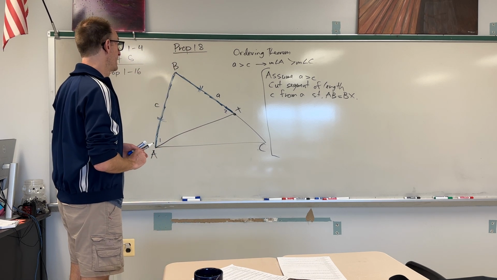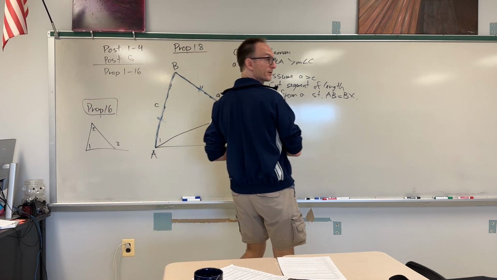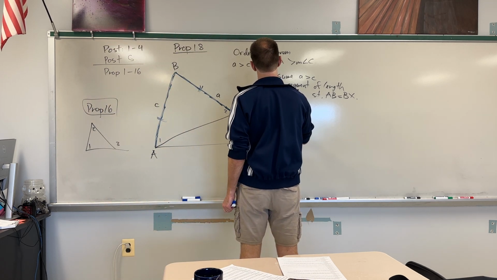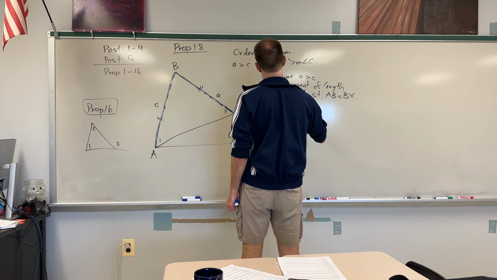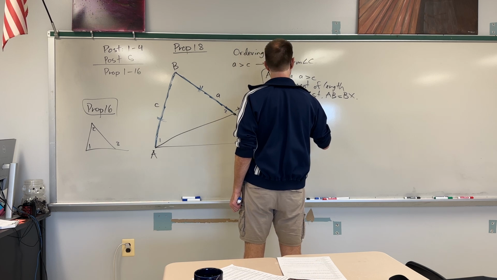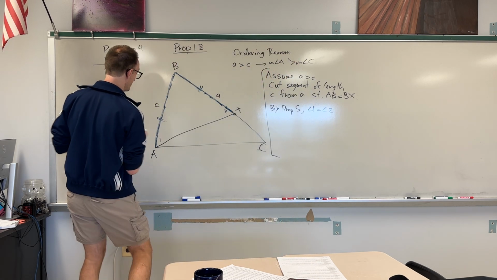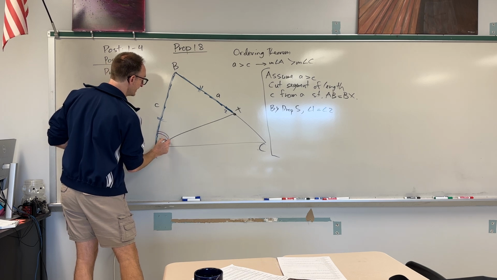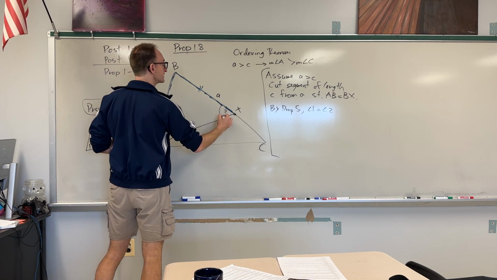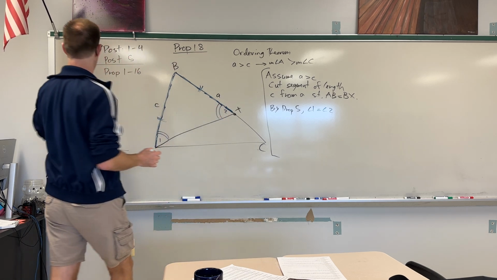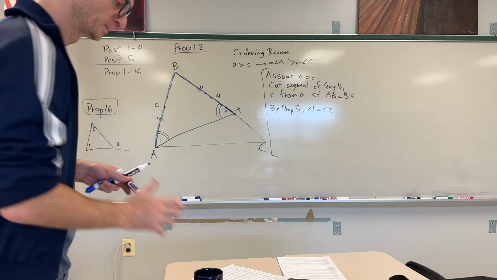Okay, so now by the isosceles triangle theorem, or we can just call it prop 5, angle 1 equals angle 2. And how's that helpful? Hint, hint, use the exterior angle theorem, prop 16.